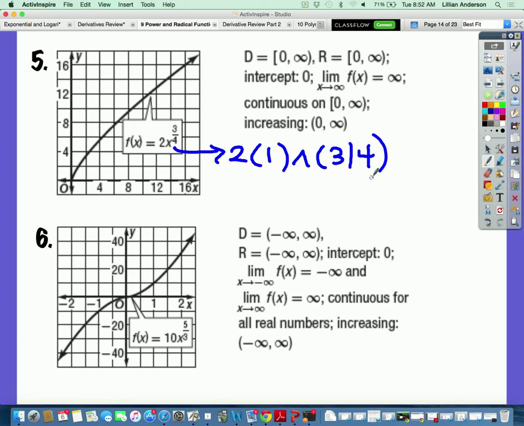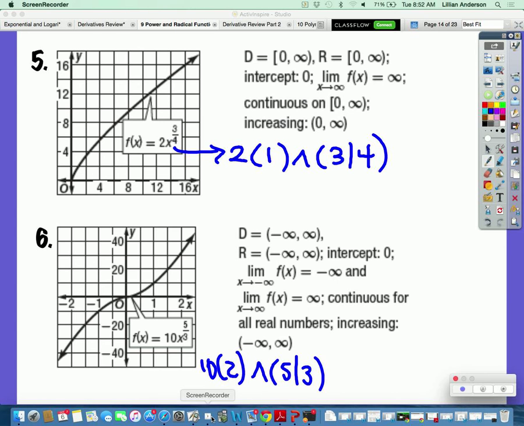Same thing here. You plug in 2, you raise it to the 5/3, type it in just as a regular fraction. I just did it on the calculator when I got it. Might be running into the same thing. You've got examples here, so like I said, you can make your own type of table, type of chart, just as a reference, kind of like the one that I gave you before, to help you, okay?